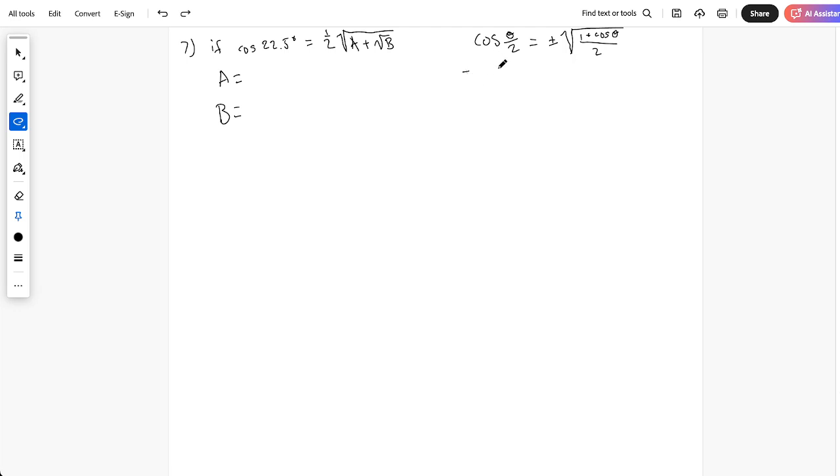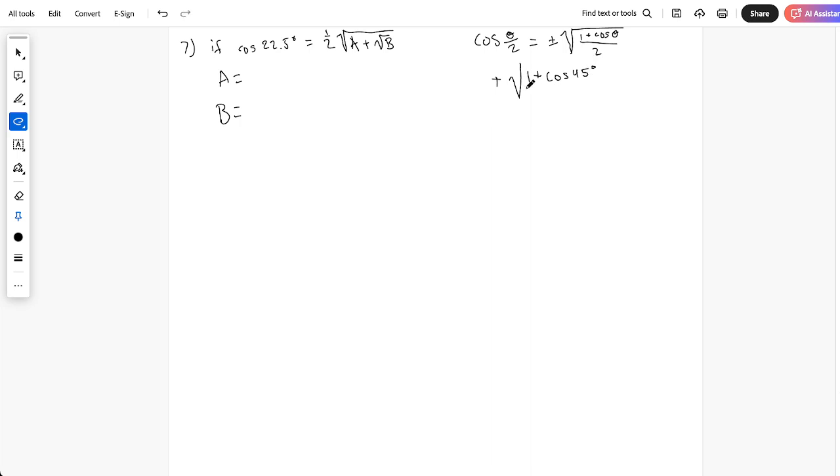Well, I guess we can determine the plus or minus right now. So 45 degrees is right here on the unit circle, which means that the x and the y are both positive. And so it's a positive when it comes out. So positive square root of 1 plus cosine of 45 degrees.